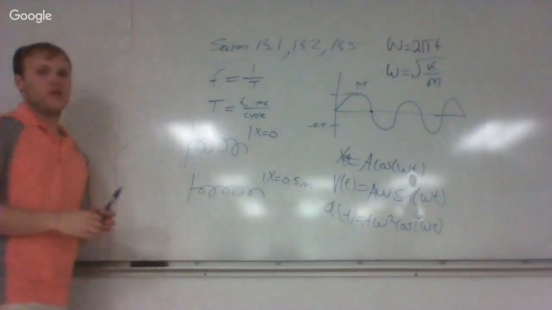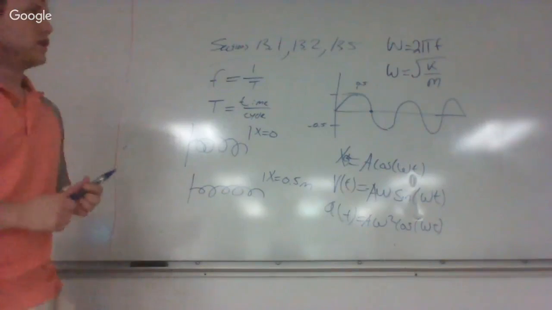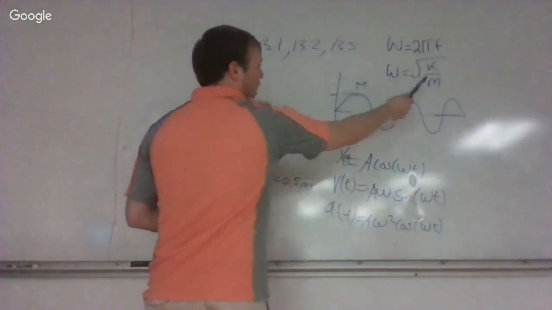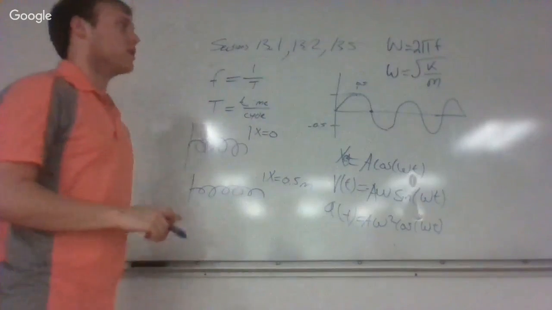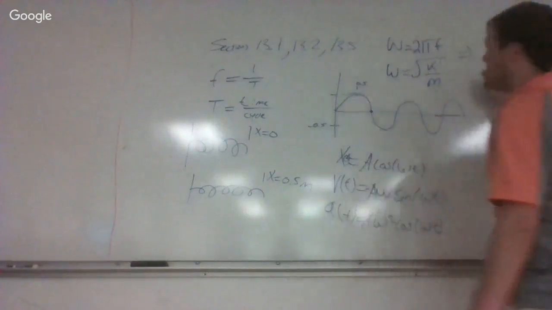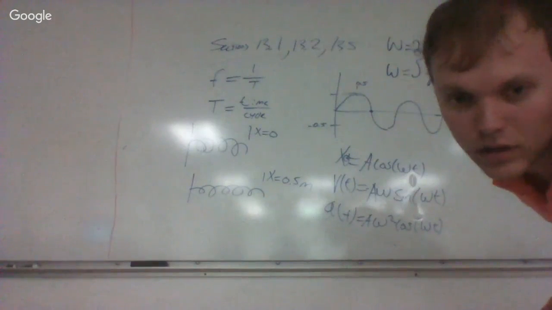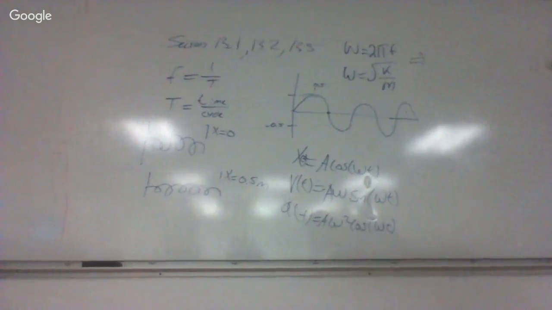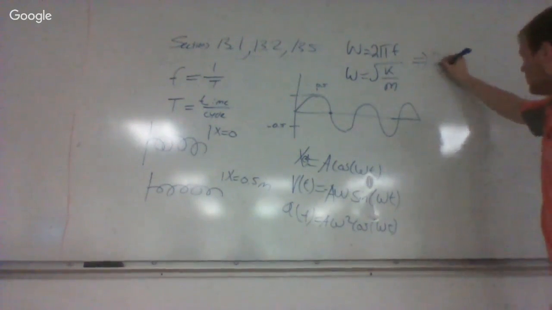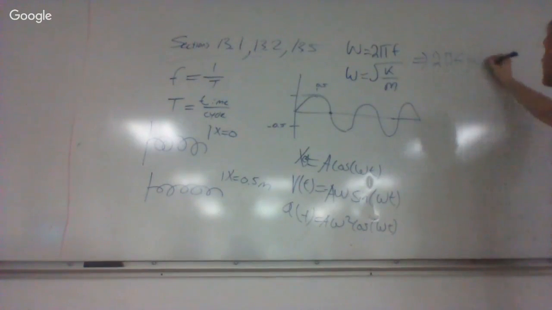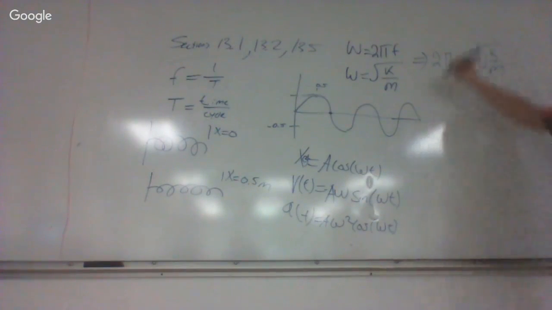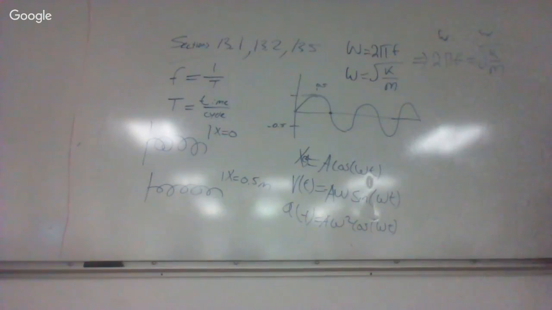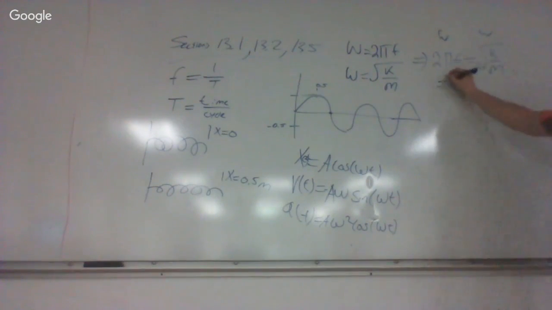Spring constants are always measured in newtons per meter. So you have a relationship between omega and 2 pi f. So omega is the square root of k over m, and this omega has to equal 2 pi f, which means the frequency is equal to the square root of k over m, over 2 pi. That's easy.